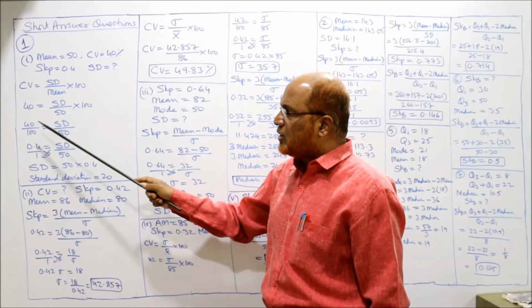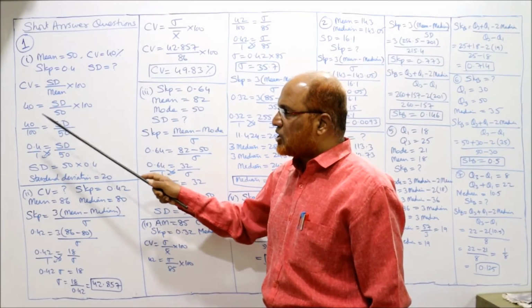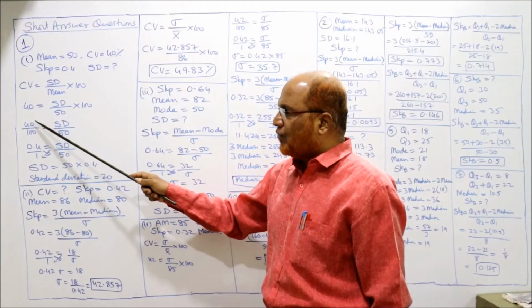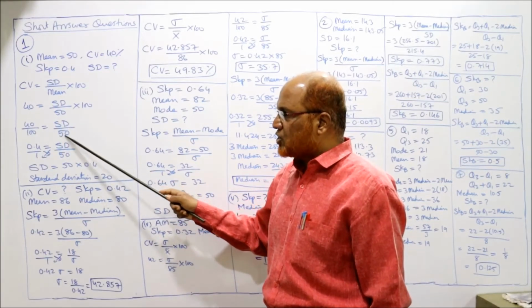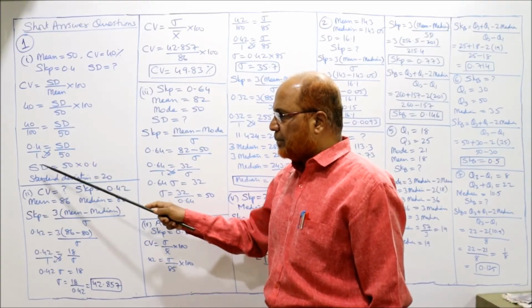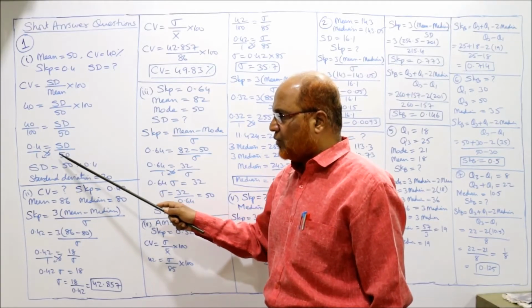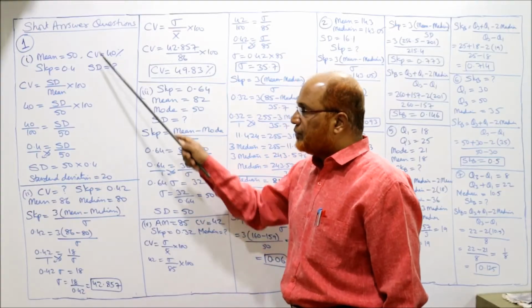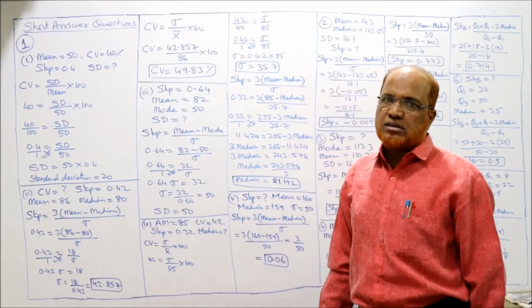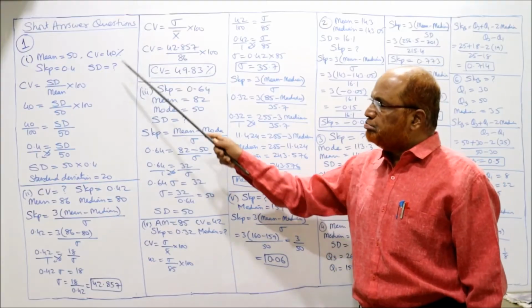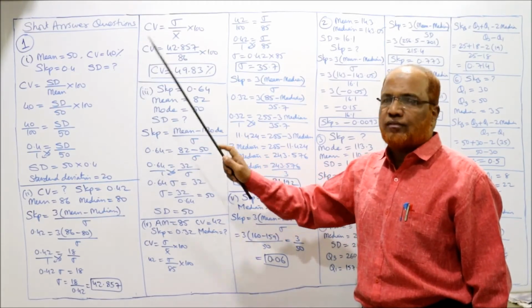Now take this 100 to the LHS, multiplication there becomes division here, so 40 by 100 is 0.4, equal to standard deviation by 50. Cross multiply, so standard deviation is equal to 0.4 into 50, you will get 20. This is the short problem which may be asked for 4 marks. So understood this, simply manipulation of the formula.